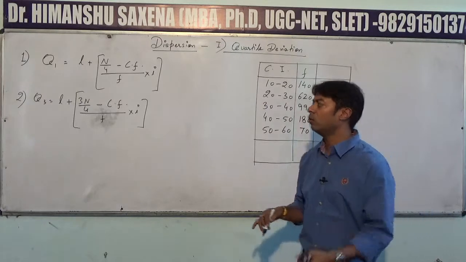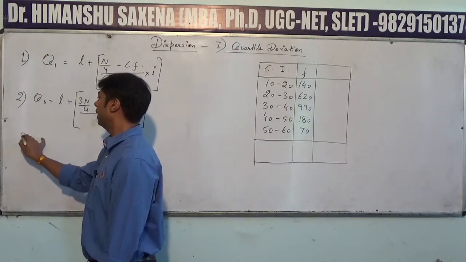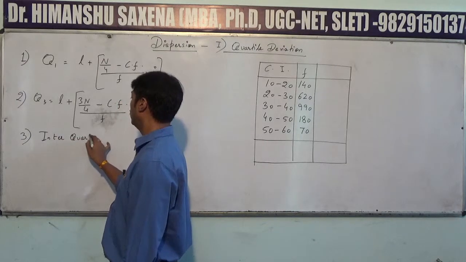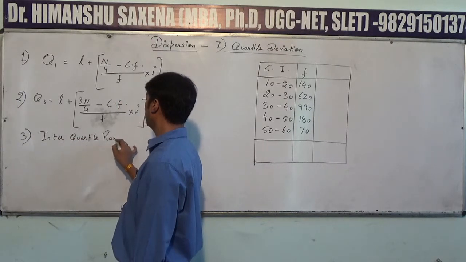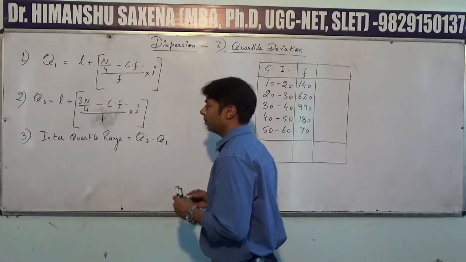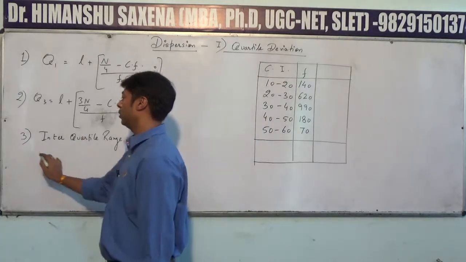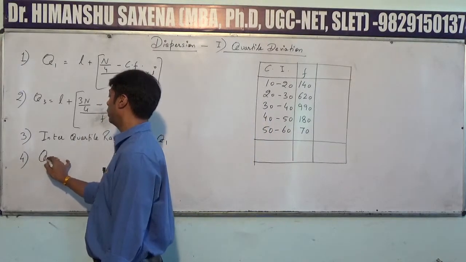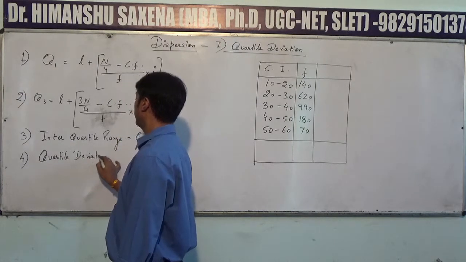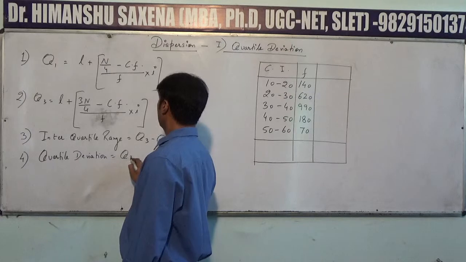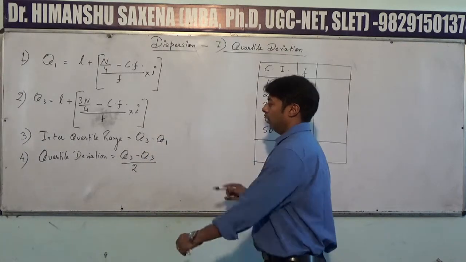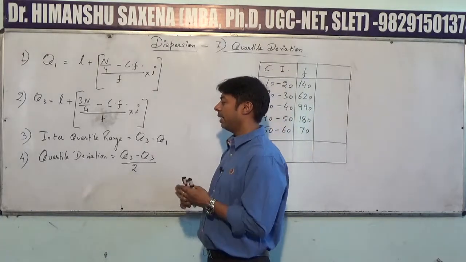When we derive the value of Q1 and Q3, we can calculate interquartile range, that is Q3 minus Q1. Then we can always calculate quartile deviation. Now that's very important. Quartile deviation is Q3 minus Q1 upon 2, that is simply interquartile range divided by 2.